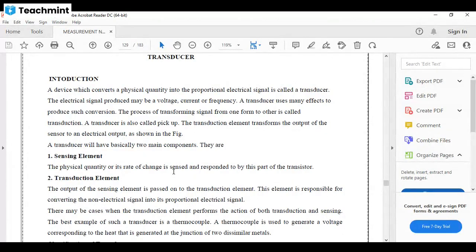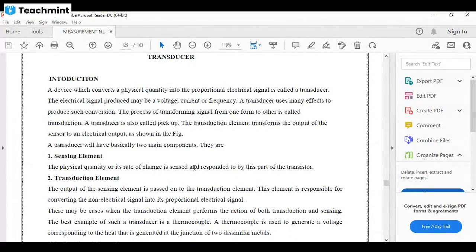Another is that the transducer uses many effects, such as conversion, and the process of transforming a signal from one form to another is called transduction. The transducer, also called a pickup or transduction element, transforms the output of the sensor to an electrical output, as shown in the figure.